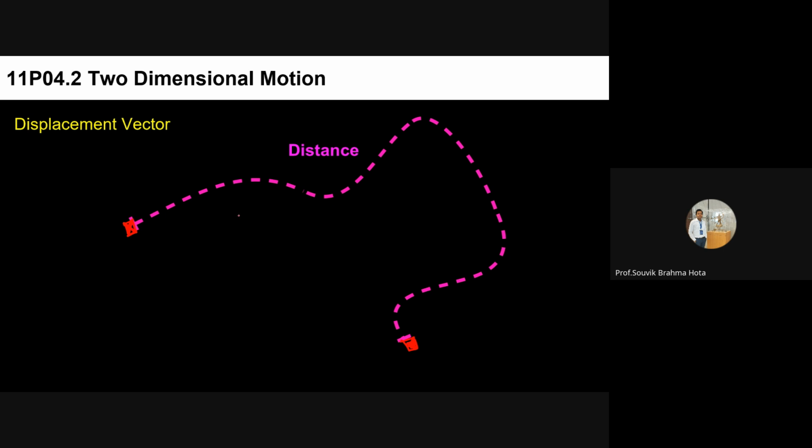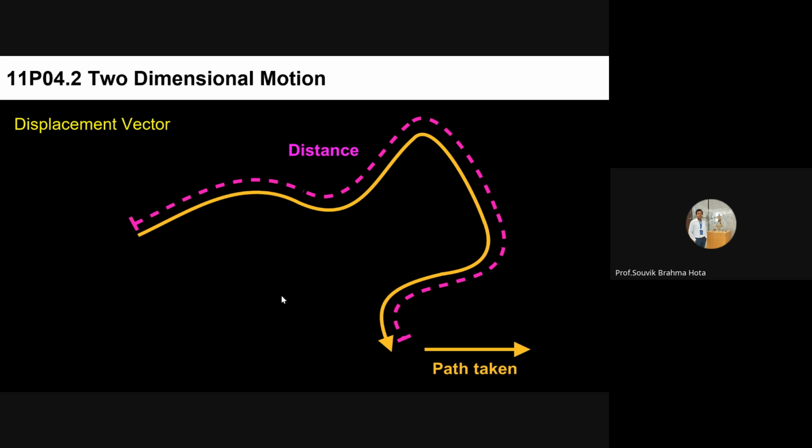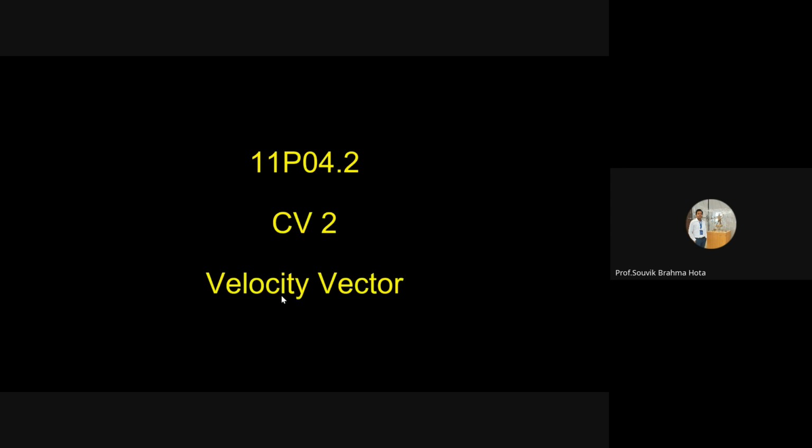Maybe some obstacles are here, so you cannot go directly; you have to cover the distance like this. This total path taken is the distance. And this is the displacement as per the vector concept, final minus initial. So the green dotted line represents the displacement vector.